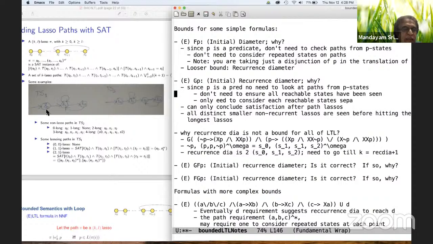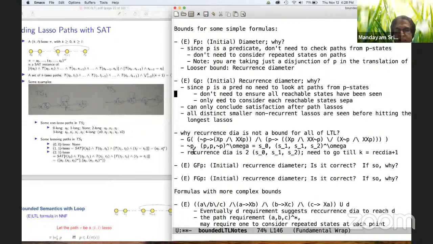Let's suppose in S0, P is false, not P is true. In S1, P is true, and in S2, not P is true. So not P, P, and not P again.